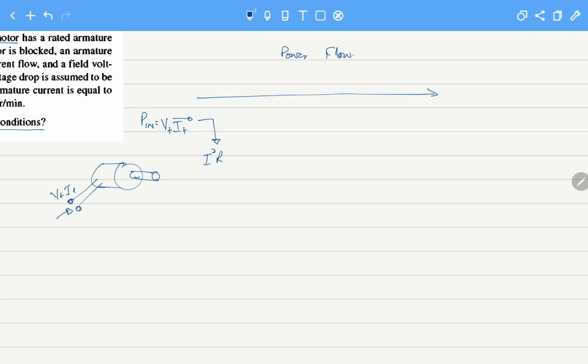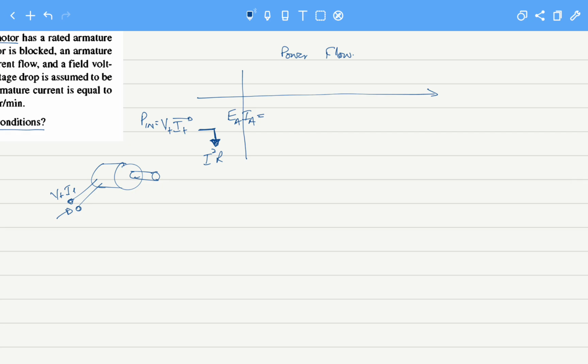After the losses in the winding, we can assume that the power is now converted into mechanical power. First our losses were I square R losses, and then the electrical power is converted into magnetic power, and magnetic power is converted into mechanical power.